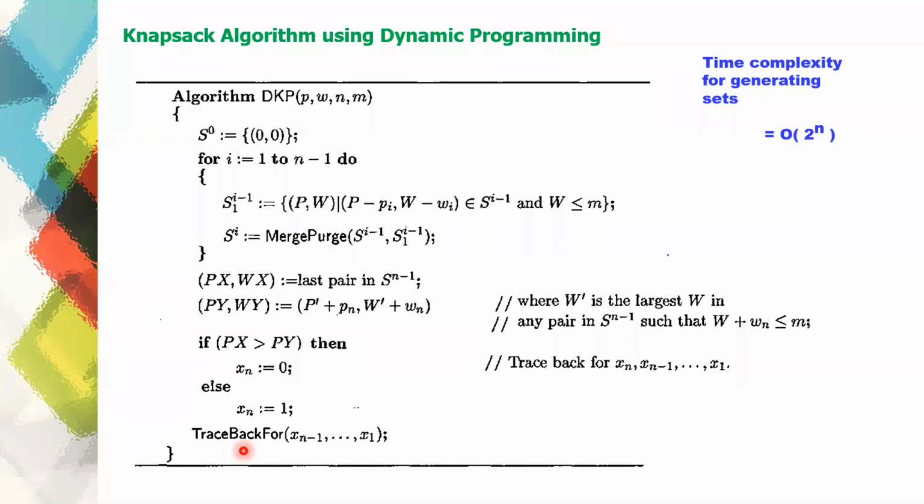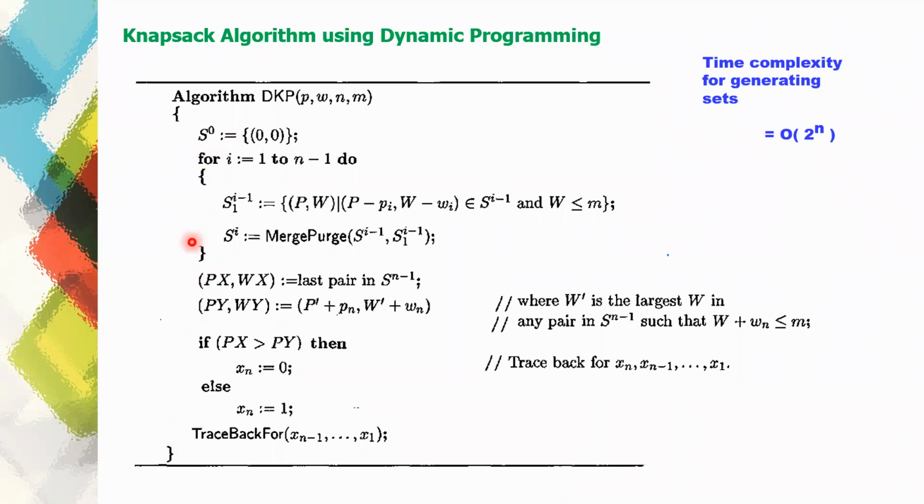So the time complexity for this algorithm is 2 power n, where this 2 power n is the time taken for generating these sets. Because if you observe this entire algorithm, all these steps take constant amount of time.